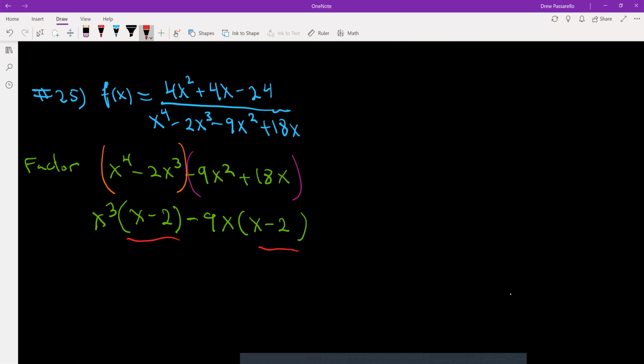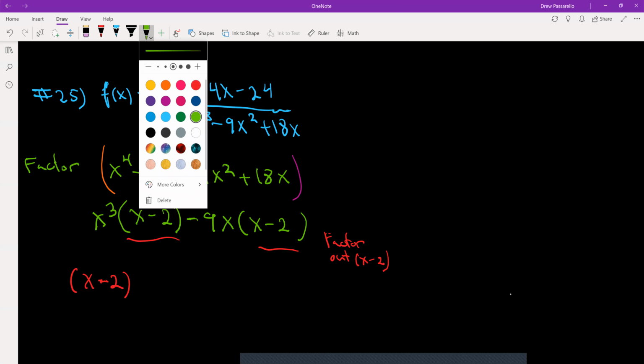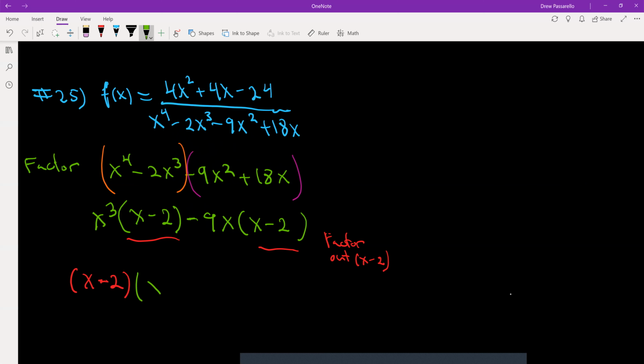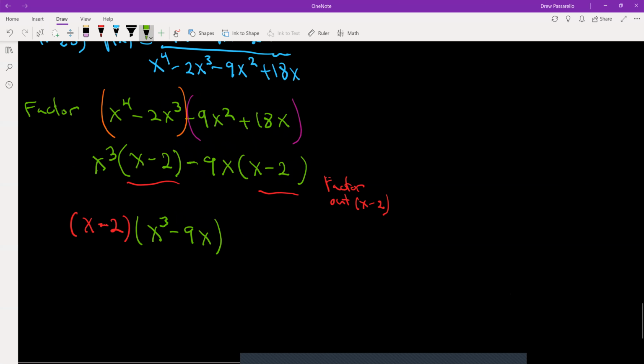All right, so I'm going to factor out x minus 2. If I factor out x minus 2, what I'm left with is x cubed minus 9x. But x cubed and negative 9x have a variable x in common, so I could keep going with this.